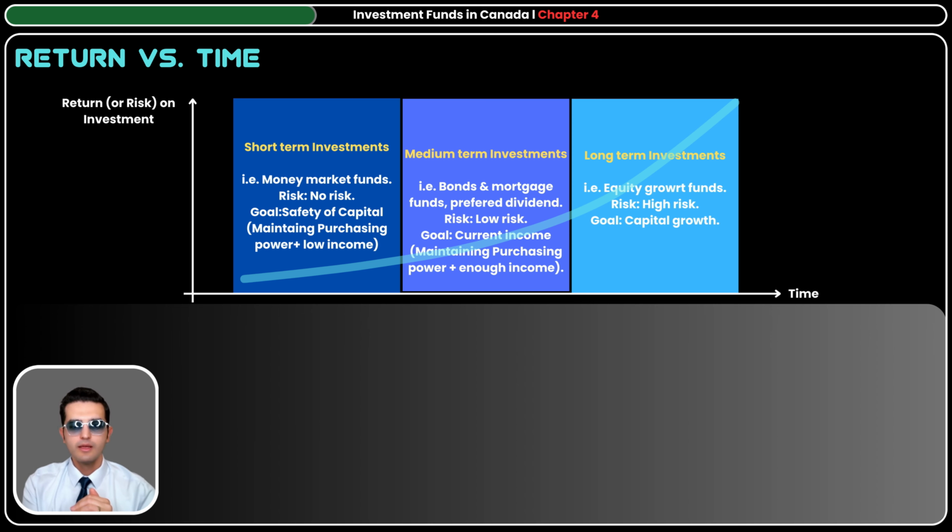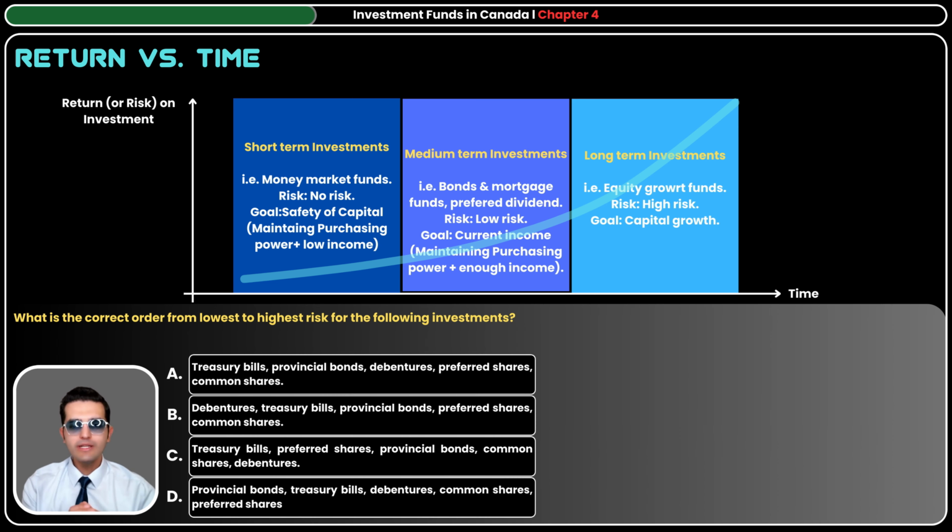Awesome. What type of question you may get in your final test? Let's get to it. What is the correct order from lowest to highest risk for the following investments? What a great question. You will get the exact same one on your final test. Trust me, believe me. Try to answer it yourself first, okay?